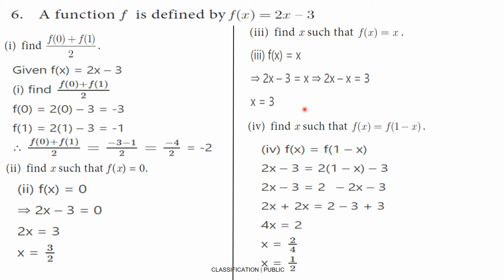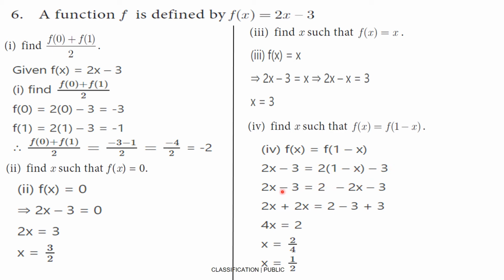Next, find x such that f of x equals f of 1 minus x. That means here you substitute the value x, 2x minus 3. Here you substitute the value 1 minus x. Clear? So 2x minus 3 equals 2 into 1 minus x minus 3. After simplification, you get the answer.